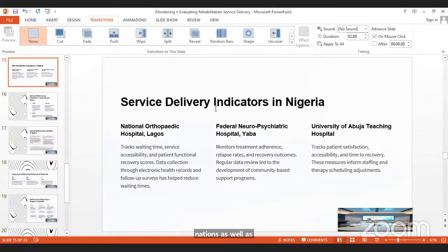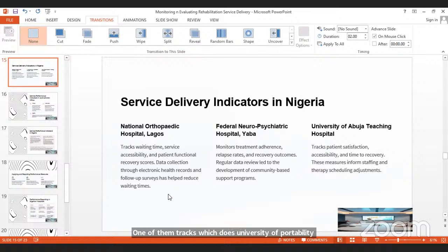Like I said, for instance, service delivery indicators. In Nigeria's example, we have about three hospitals that track them. One of them is the National Orthopaedic Hospital, Igbobi.